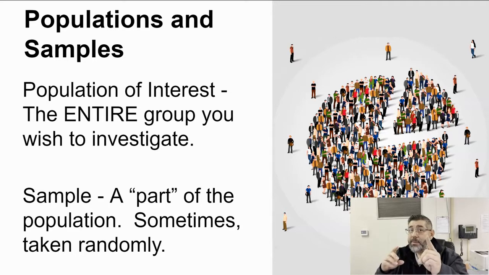So now that we know what our population of interest is, we've narrowed down our sample, and you've got to make sure that your sample is representative of your population. Whatever conclusions I get, I need to be able to make that conclusion about the entire population.